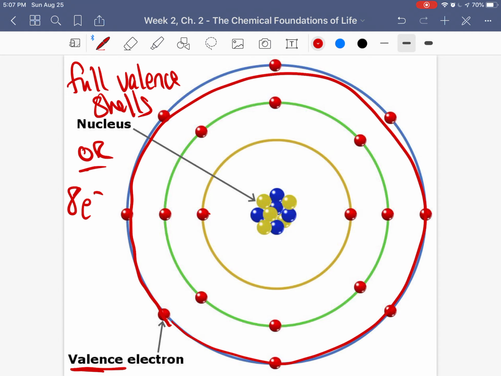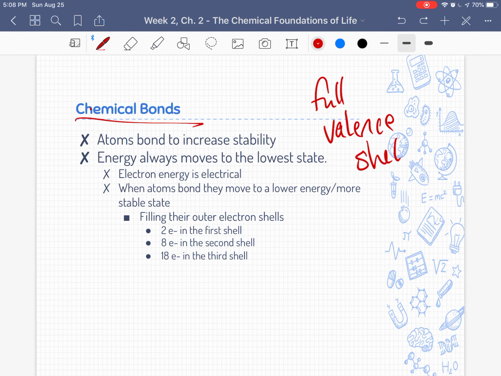That is an atom's safe space. It's going to reduce the activity of the atom. If the atom's outermost shell is not full or does not have 8, it's going to bond in order to be there. So atoms will bond to increase stability, and stability is reached when we reach that full valence electron shell, or 8 in that valence electron shell.